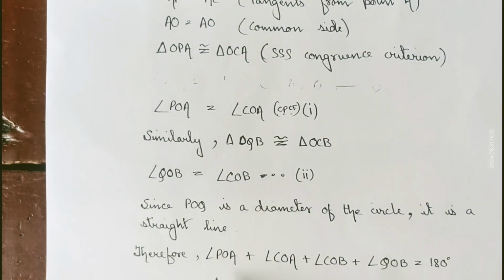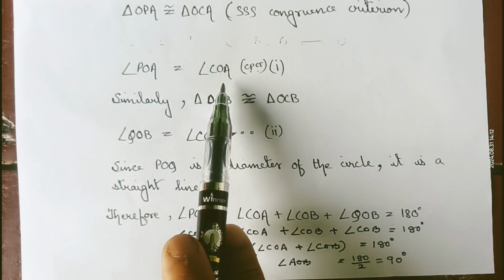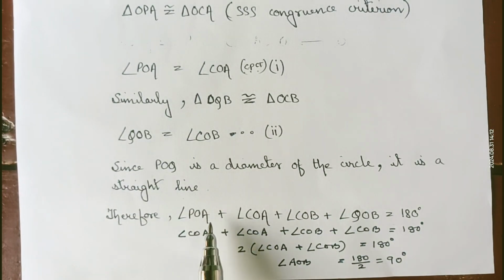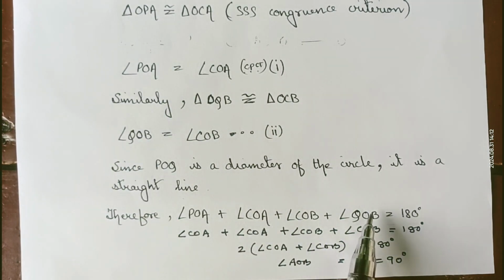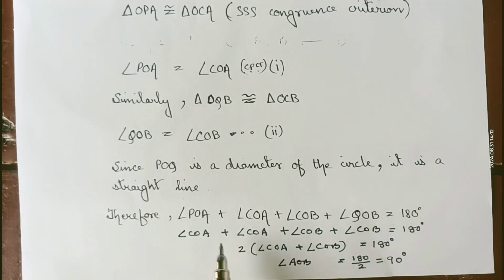We can write angle POA plus COA plus angle COB plus QOB equals 180. We know angle POA equals angle COA and QOB equals COB. So instead of POA, we write COA, and instead of QOB, we write COB: COA plus COA plus COB plus COB equals 180.